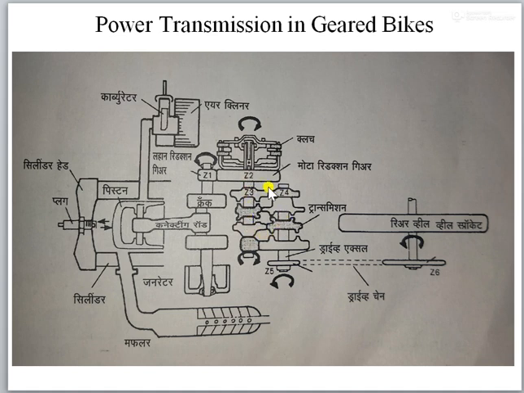So inside the gearbox also, some gears are fixed with the shaft, some gears are free on the shaft. Okay, and with the help of the dog clutch we are engaging those gears with the shaft.